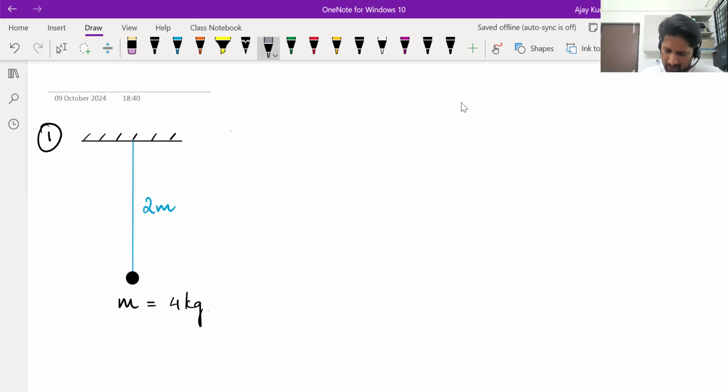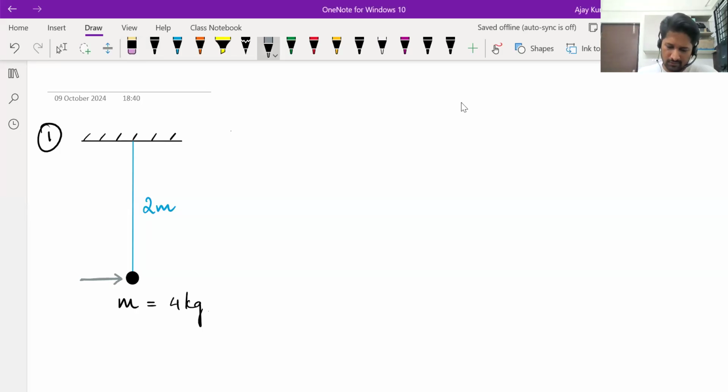Rishi, tell me what will happen if you strike the ball and give it some velocity to the right? Here it will go towards the right and then oscillate. Depending on how much velocity you give or how hard you strike it, it will swing to greater and greater extents. Good.